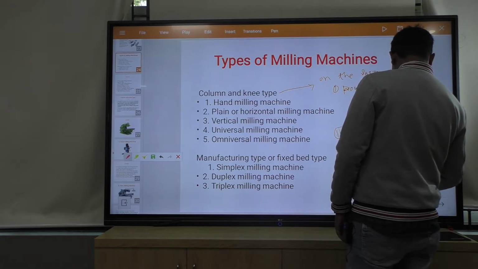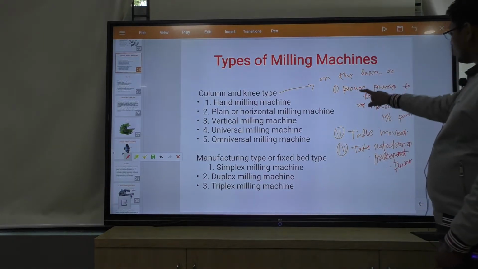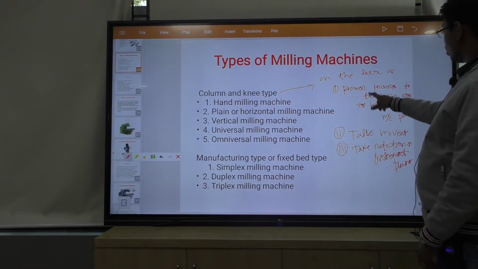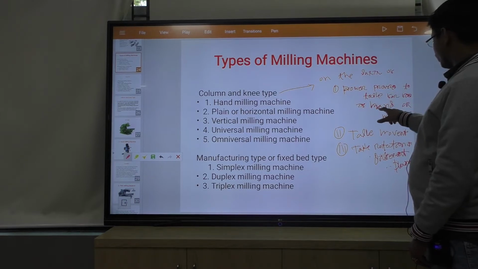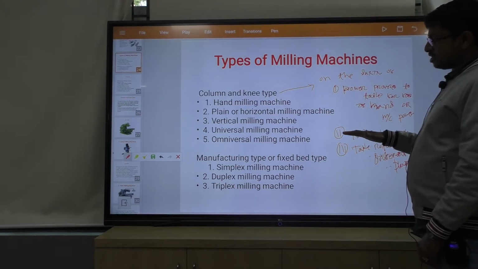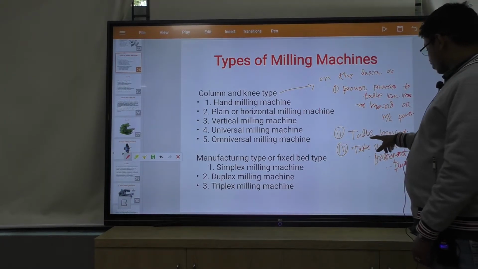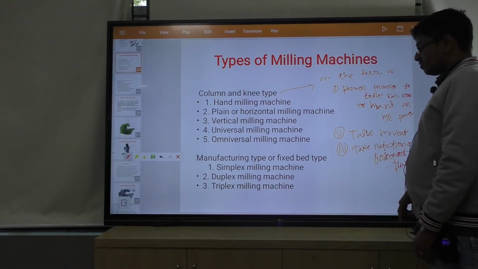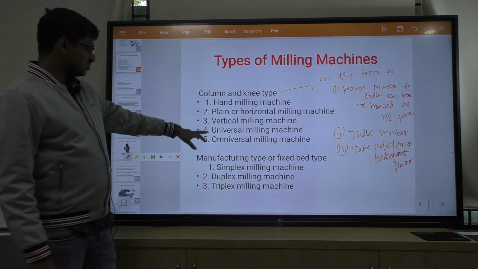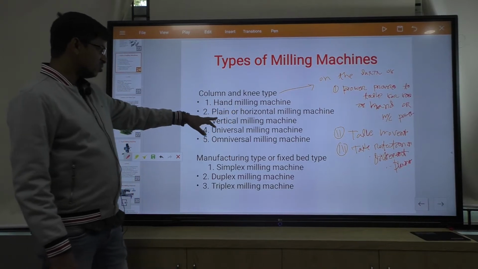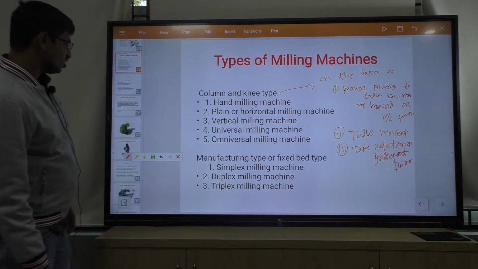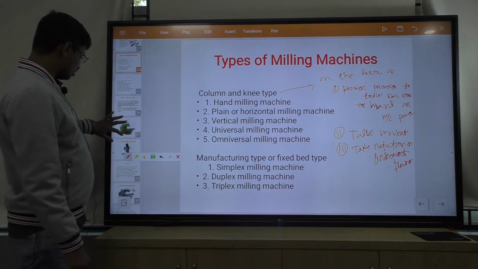On the basis of this, column and knee type milling machines are divided into these categories. On the basis of power provided to the table for feeding, that is hand power or machine power; table movement, meaning the directions of table movement; then table rotation in different planes. Then on this basis the classification is done: hand milling machines, plane or horizontal milling machines, vertical milling machines, universal milling machines, omniversal milling machines. First we will see them one by one.